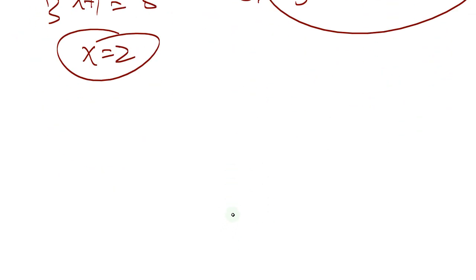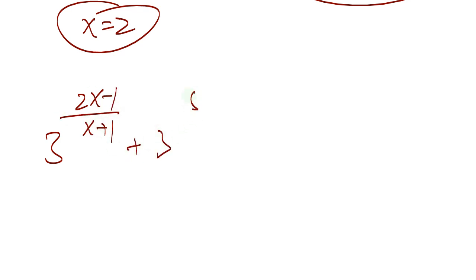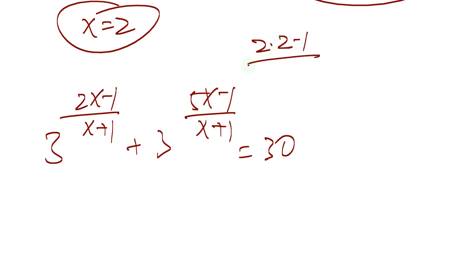And if you want to check our solution, we can do it. So this is 2 to the 2x minus 1 over x plus 1 plus 3 to the 5x minus 1 over x plus 1, and this is equal to 30. Let's work on the first power here. This is 2 times 2 minus 1 over x plus 1, which is 3 here.